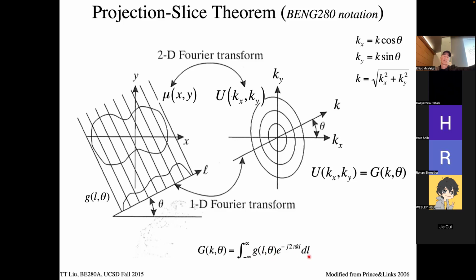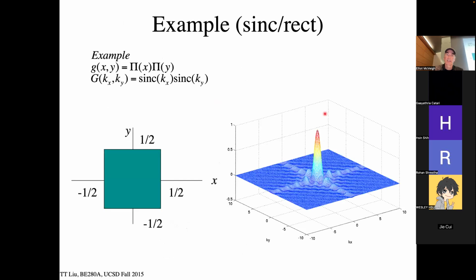We do the 1D Fourier transform and we get big G, the Fourier transform of little g(L, theta). Big G(K, theta) is the Fourier transform of our object, sampled along this direction. Theta is just a parameter there. That's the projection slice theorem.